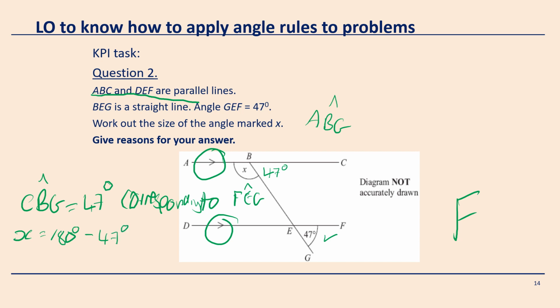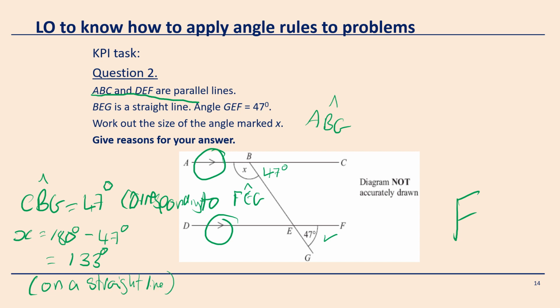Okay, which is 133. And the reason it's on a straight line. There's other ways you could have done this.